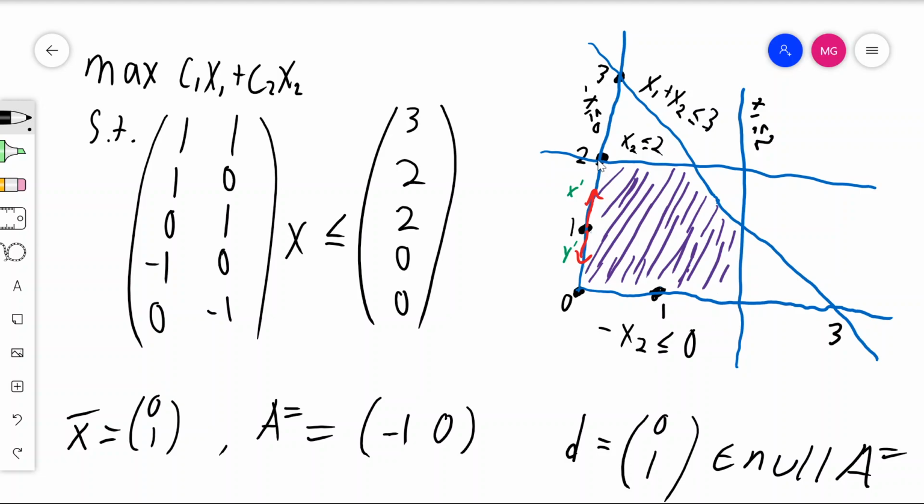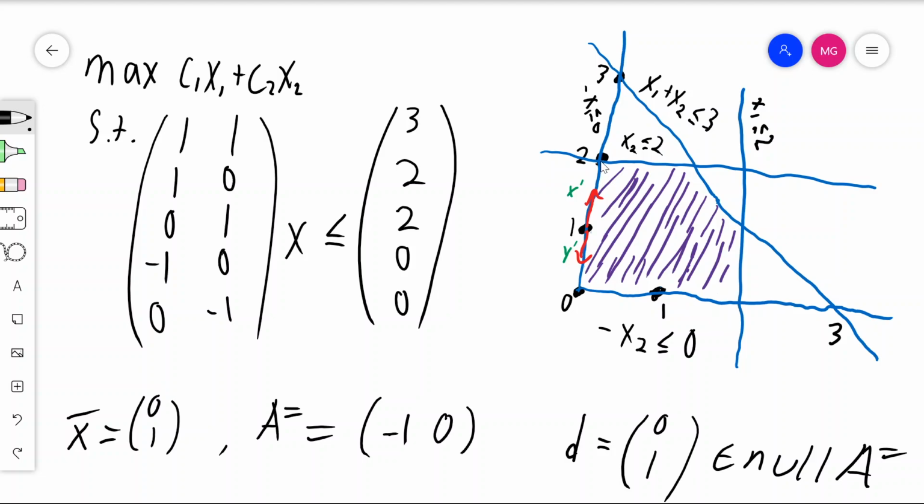So at this corner, A equality will become 2 rows, and it'll be rank 2. Now the rank is too large for us to have a null space direction d to travel in, and there isn't any vector d anymore that works.